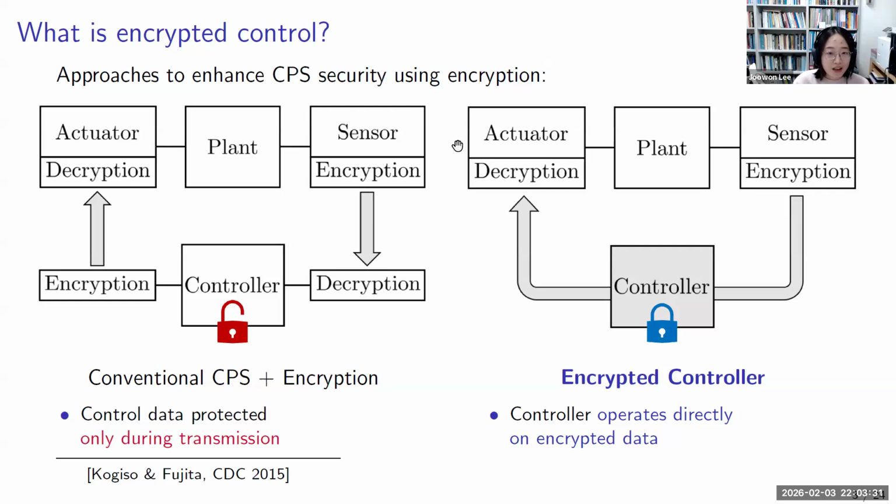Okay, thanks. So to enhance the security of cyber physical systems, we can make use of encryption and apply it to some control system. And in a naive and conventional way shown on the left side, control data are encrypted before transmission and decrypted just after arrival.